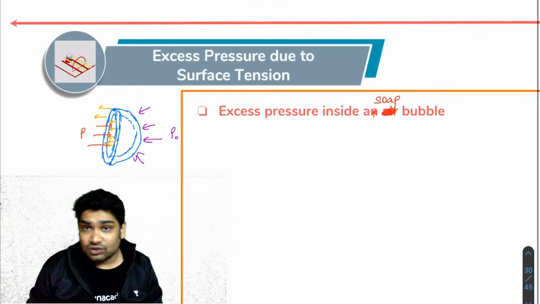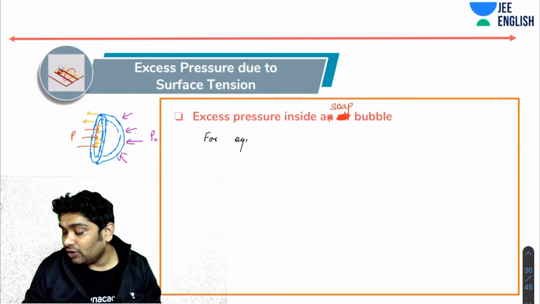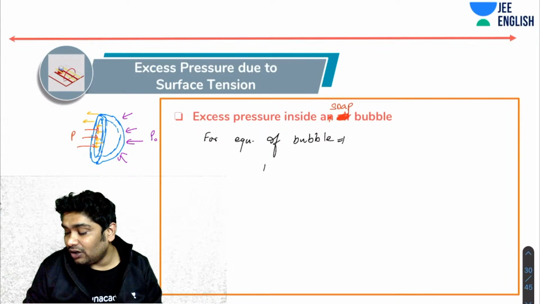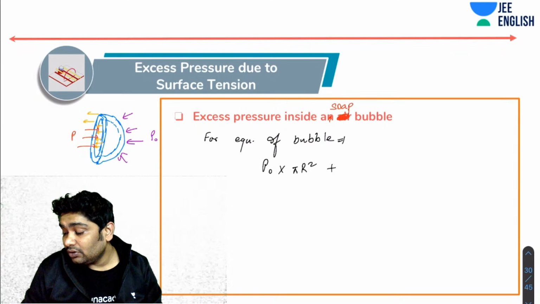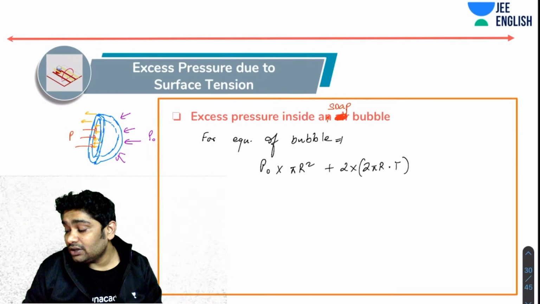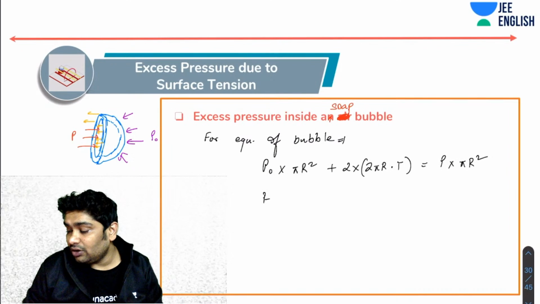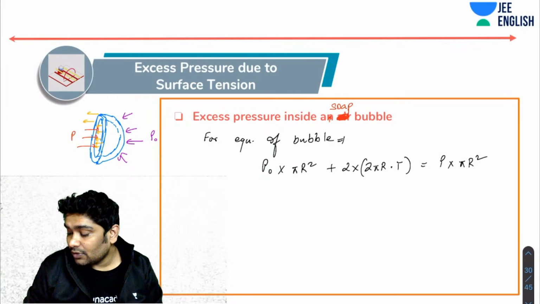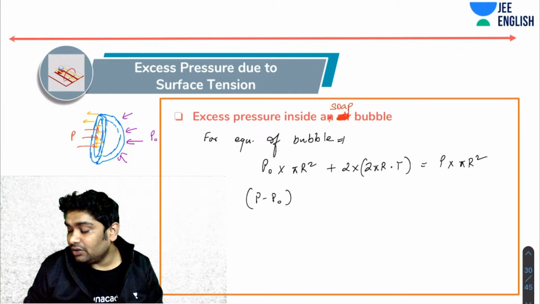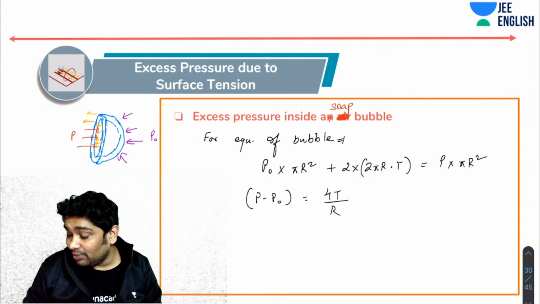For equilibrium of the bubble, P naught times pi r square plus 2 times 2 pi r times T is equal to P times pi r square. What you realize is P minus P naught equals 4T over R. This is known as the excess pressure inside a bubble.